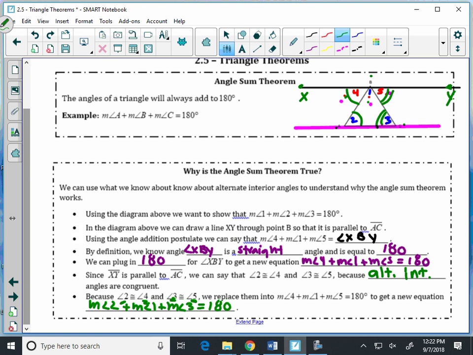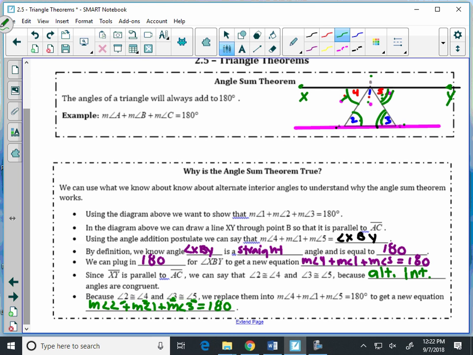Because that top line was parallel, these and these have to be the same, and that has to be the same. So because these 2 bottom angles are the same as these 2 outside angles, they're also going to add to 180 degrees with angle 1. And that's why that works.